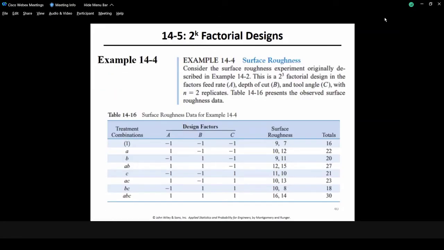This is a good example for 2 by 3 designs.